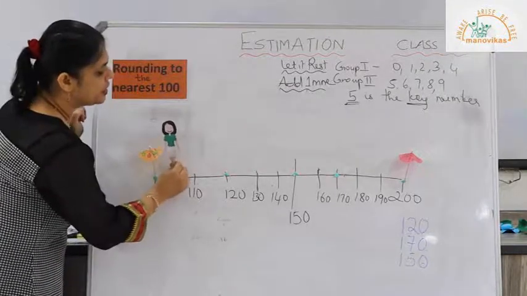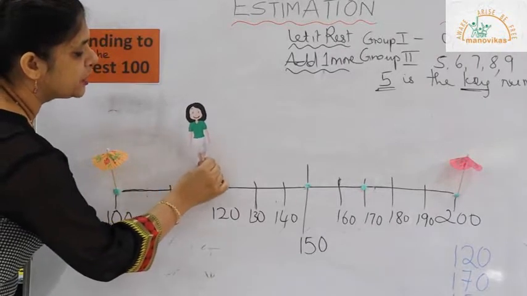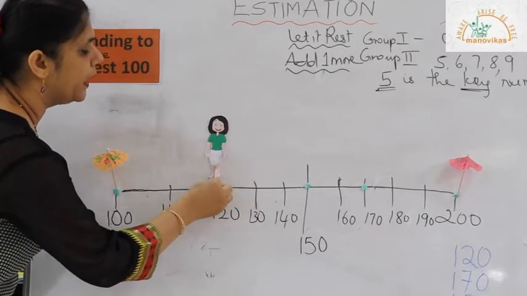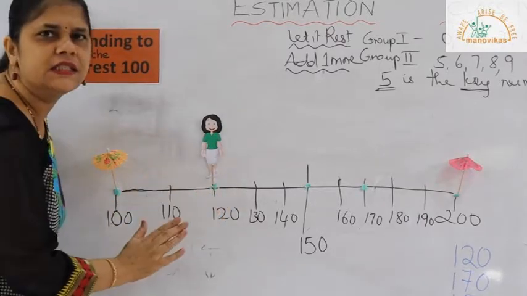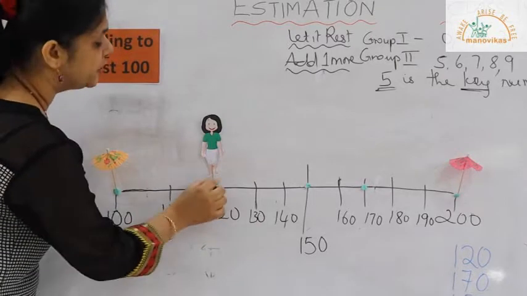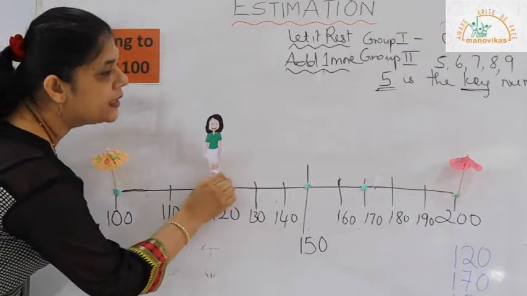Now, imagine Tina had gone for her walk. When she reached number 120, it suddenly started to rain. Now, Tina was looking out for some shade. Tina looked this side and then looked the other side.